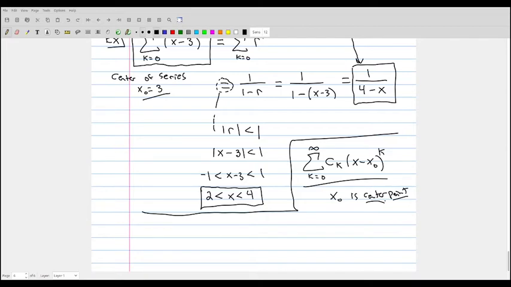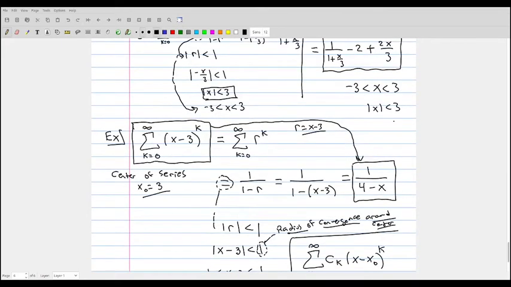So we typically call this value the radius of convergence around the center point, because it gives you the total distance away from the center point of the power series that you can travel and expect the power series to converge absolutely.